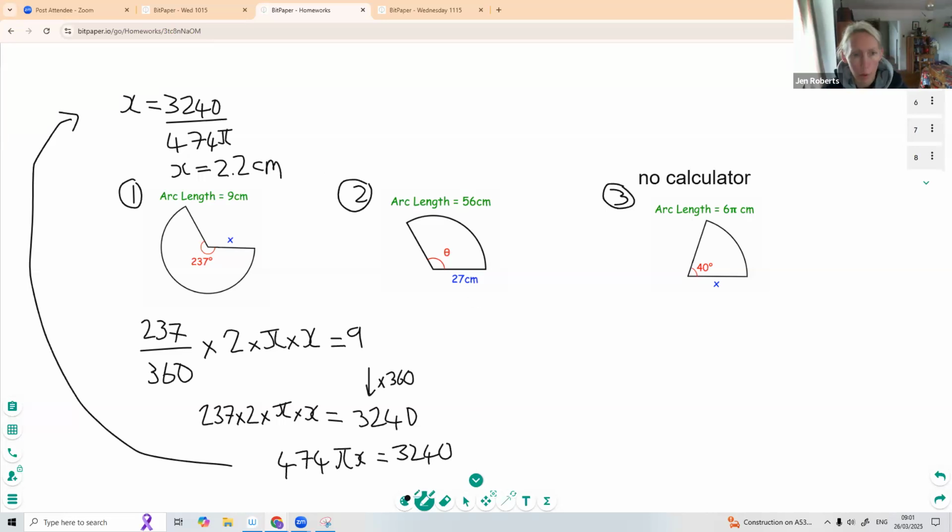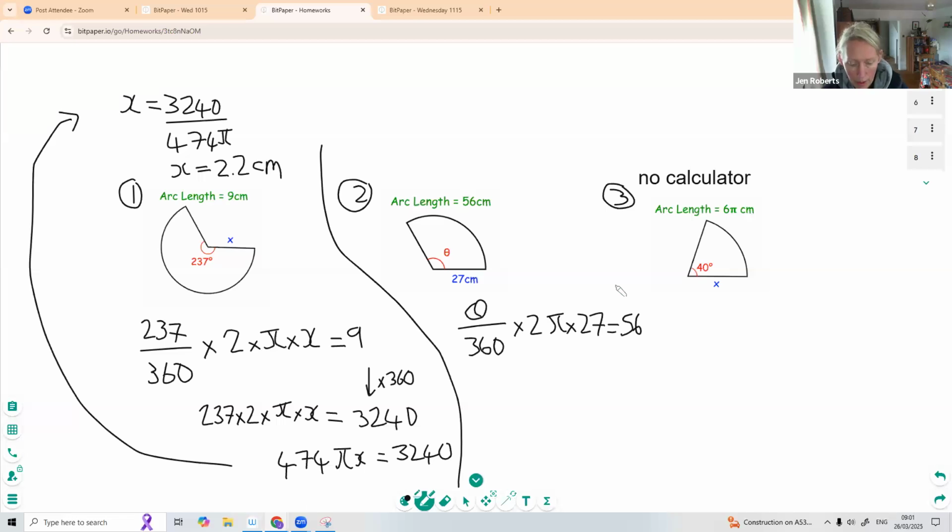This time we've got a missing angle for question 2. So it's theta over 360 times 2 times pi times 27 equals 56. Again, I'm going to multiply both sides by 360 first, which gives you theta times 2 times pi times 27 equals 20,160.